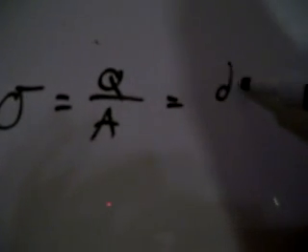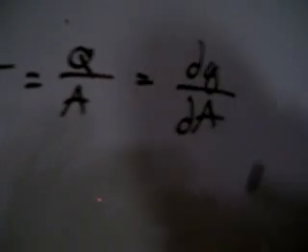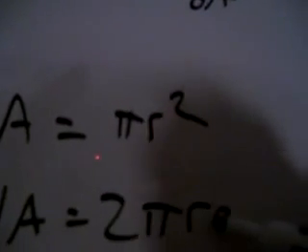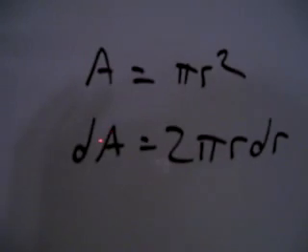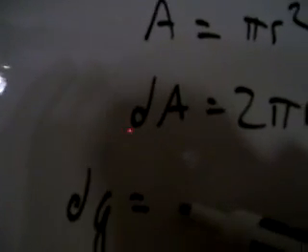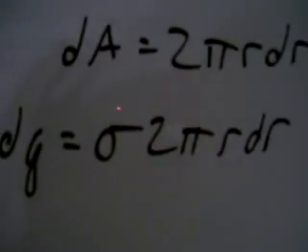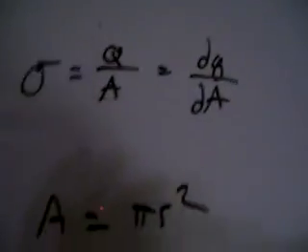And if we're going to be breaking this down into dq's, like we are, it also equals dq over dA. And we know that area is pi r squared, so dA is 2 pi r dr. So we can say that dq equals sigma 2 pi r dr. That's just the algebra.